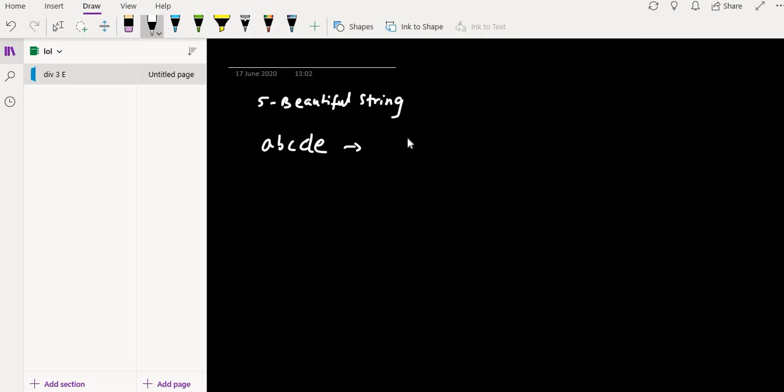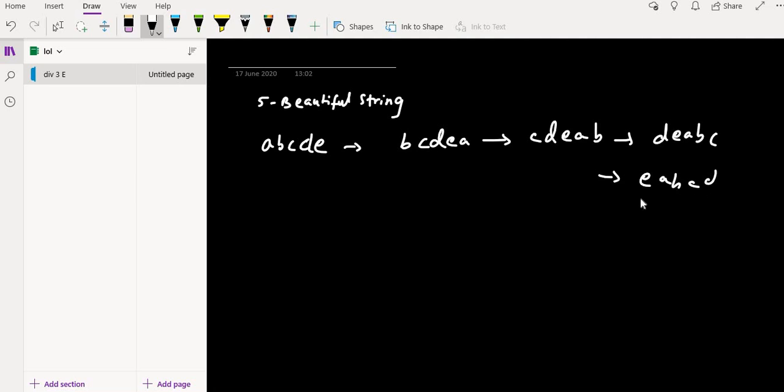So in the first rotation, it's going to be like this: B, C, D, E, A. After that, it's going to be C, D, E, A, B. And after another rotation, it's going to change to A, B, C, D, E itself. So after 5 rotations, we can see that the string remains unchanged.